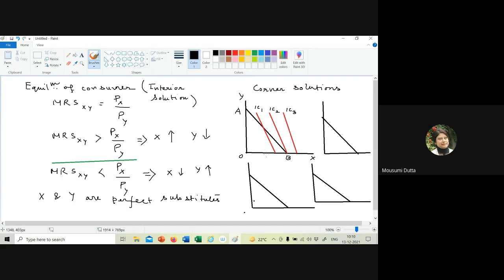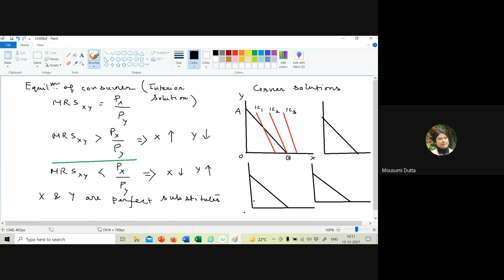Since MRSXY is greater than PX by PY, all along the budget line AB, the consumer will be more and more satisfied reducing her consumption of Y and increasing consumption of X, and finally the consumer will stop at B, and B therefore will be the consumer's equilibrium, which is called a corner solution, or mono-commodity equilibrium, single commodity equilibrium.